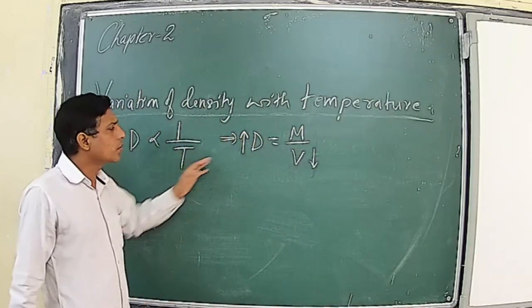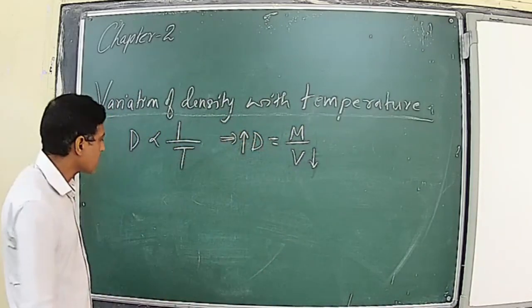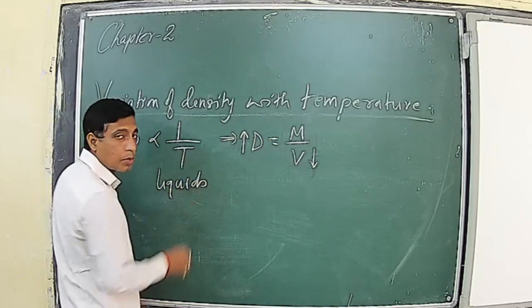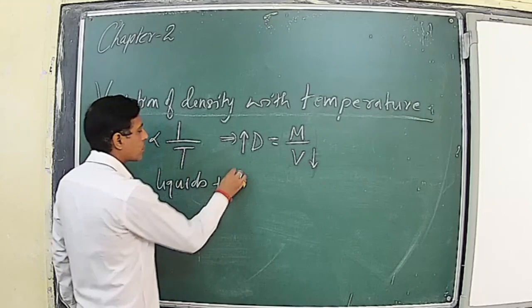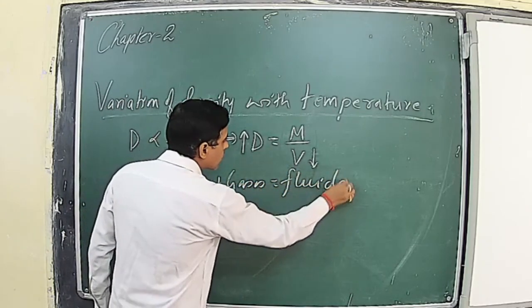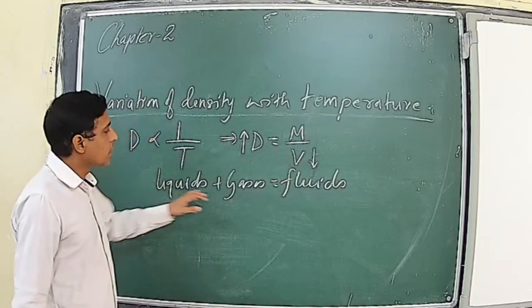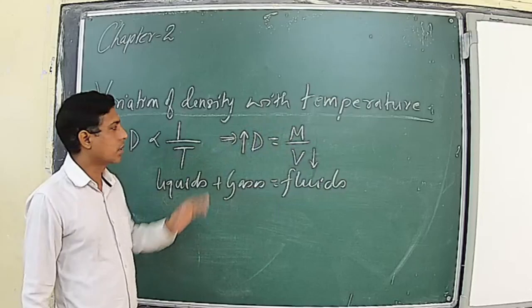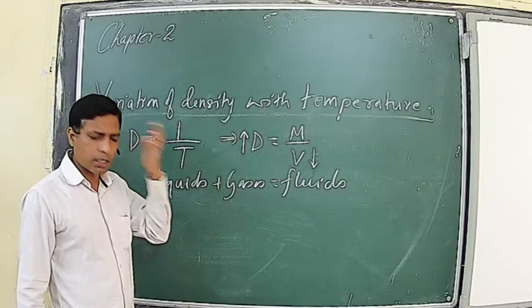And this is wholly applicable for fluids. Liquids and gases are combinedly known as fluids because they can flow. So the density of liquids and gases varies with change in temperature. Solids don't have any significant variation.